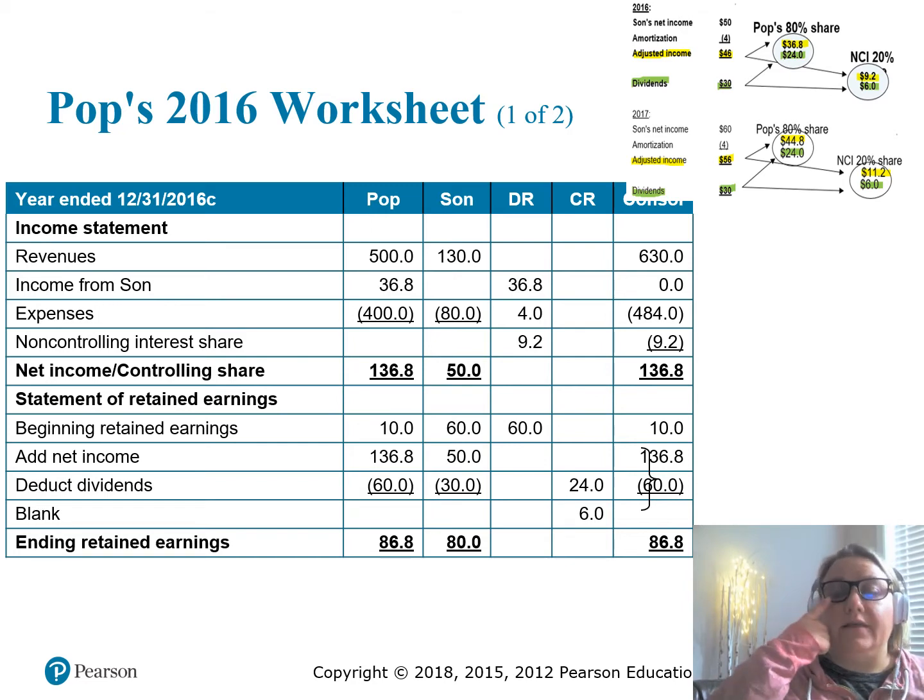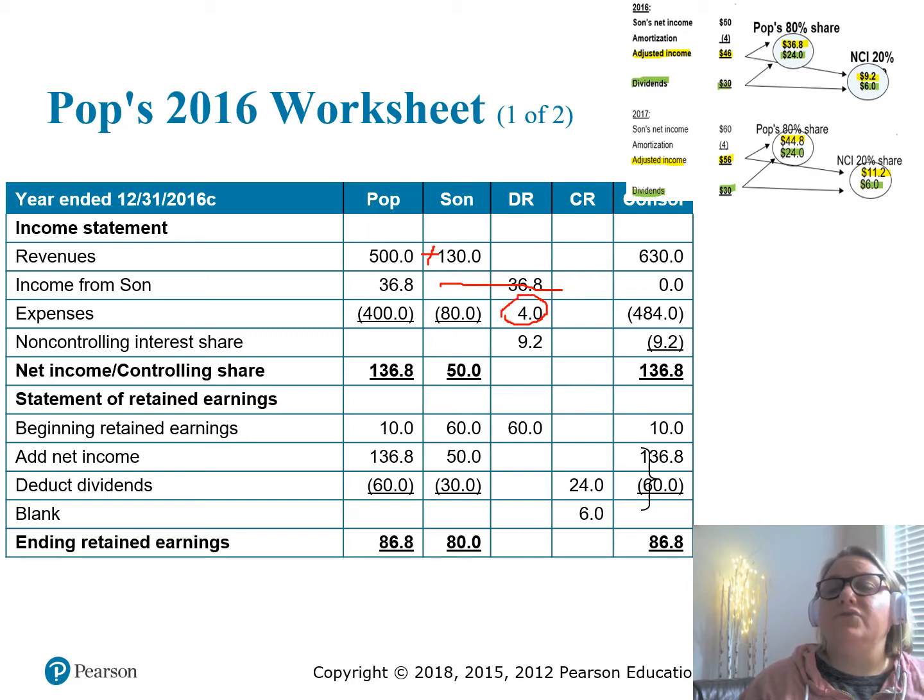Again, we're on 2016. So what we're going to do is go ahead, we're going to add, again, should feel like old hat, revenues. Income from Sun is going to get wiped out. I'm doing this a little quicker now. Expenses, these expenses are known. This one right here represents that amortization expense that we had to add on earlier.